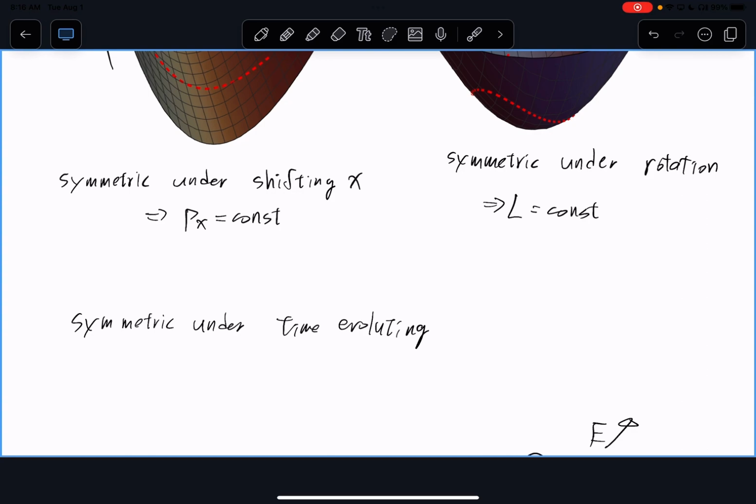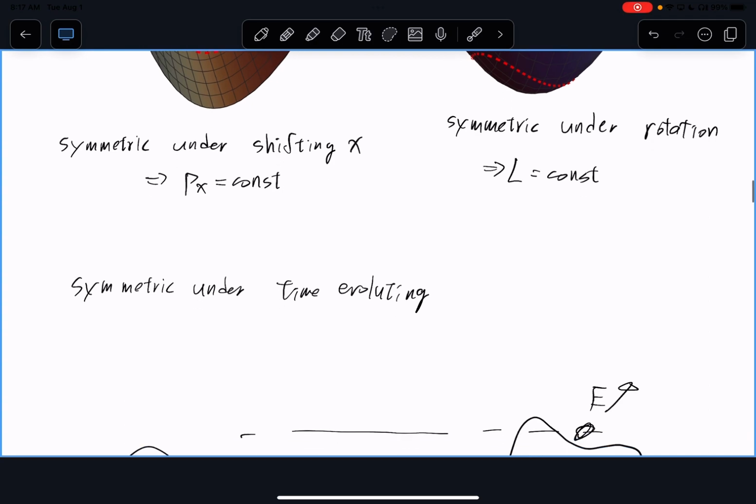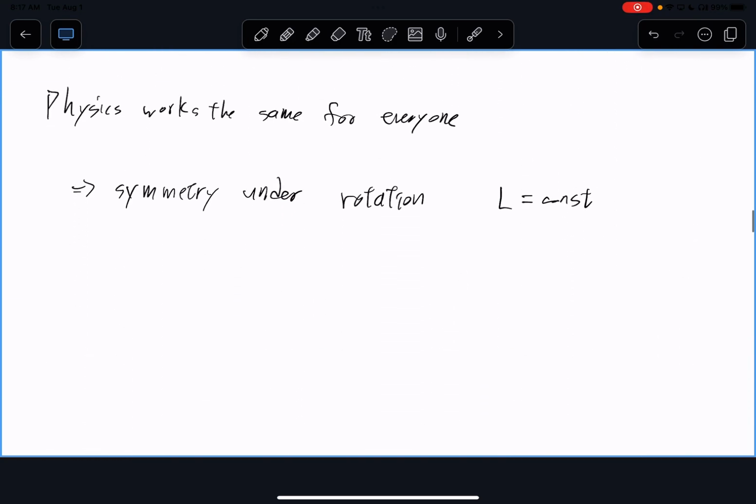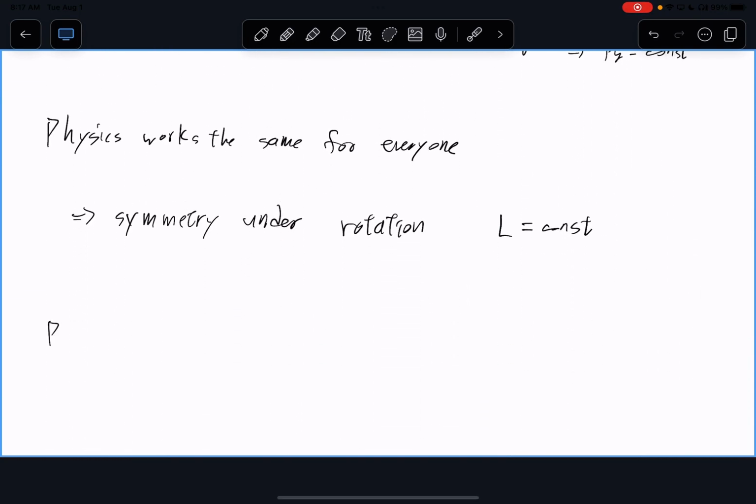It's symmetric after you shift your time, or after some time has passed. And this symmetry corresponds to energy conservation. Okay? And we learned that in the first class: physics law should work the same today, yesterday, and tomorrow.